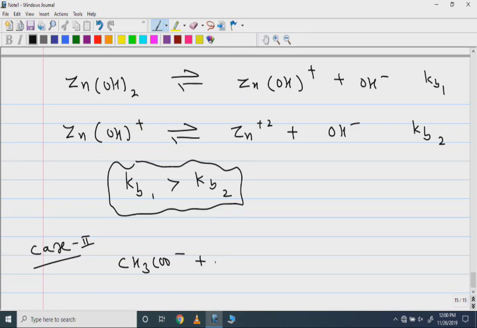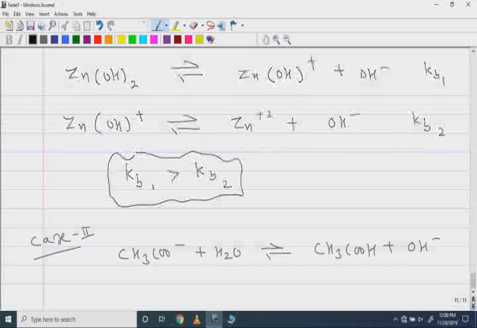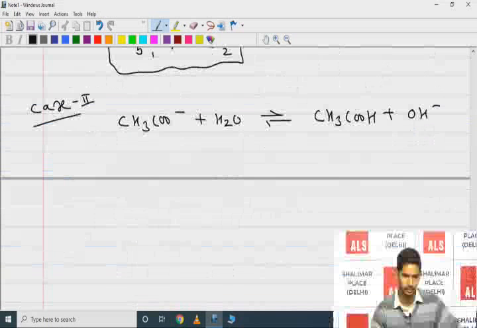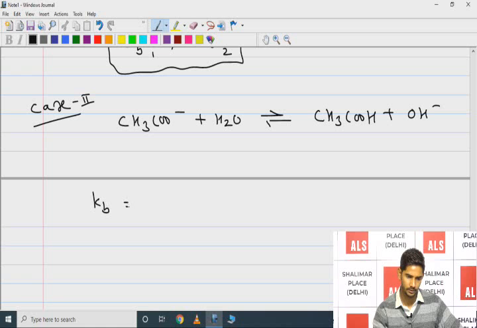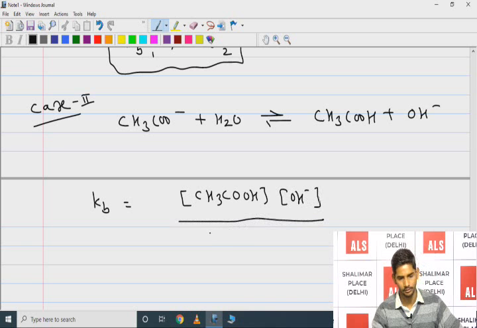CH3COO minus plus H2O can give you CH3COOH plus OH minus. So I can define Kb for this one, and that will be CH3COOH times OH minus upon CH3COO minus. Okay, this is the Kb.